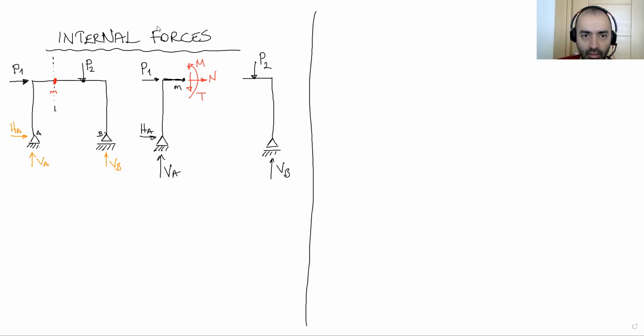Now let's draw the internal forces for this point. This is again point M. Same point, right? We cut the system from this point M. We are going to have an axial force, a shear force, and let me draw it here, a moment.